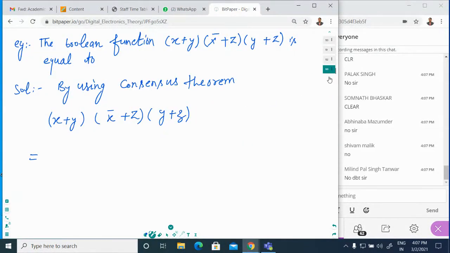I told you in the previous session that you have to remember the basic theorems. When you represent these values, you have to remember the previous theorems. If you remember the consensus theorem, you will get the answer for this expression.